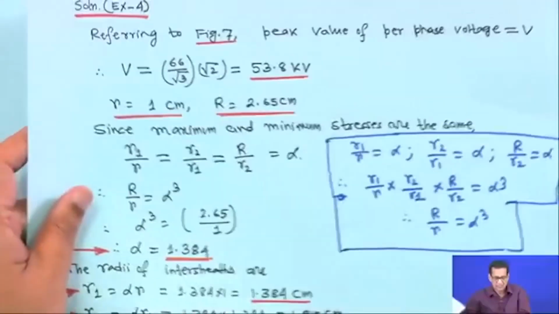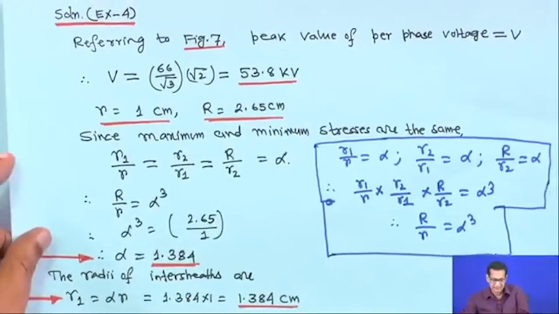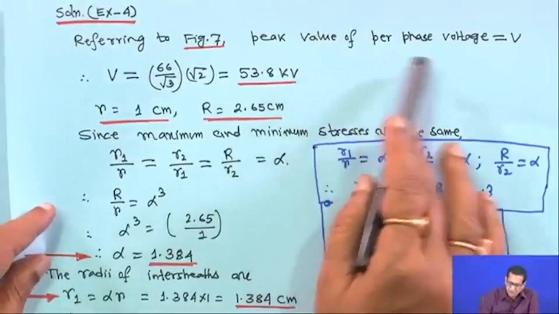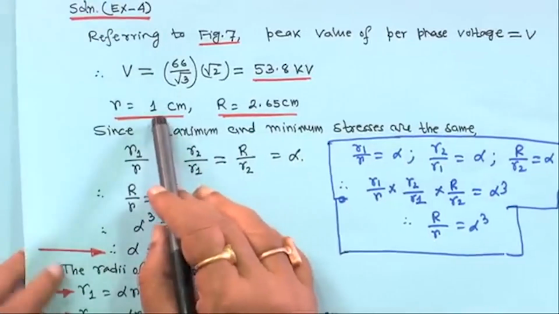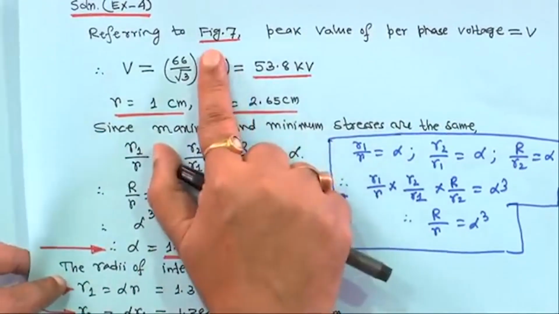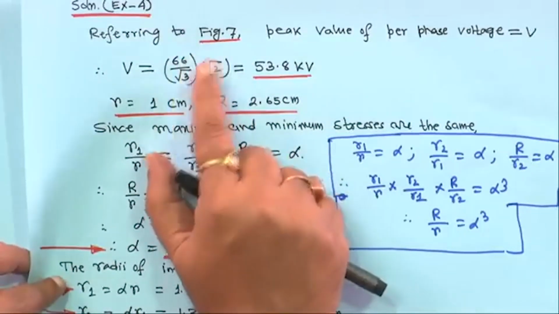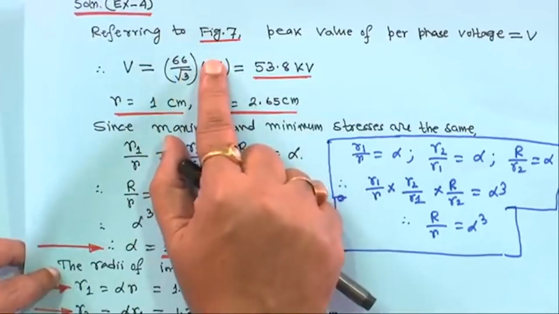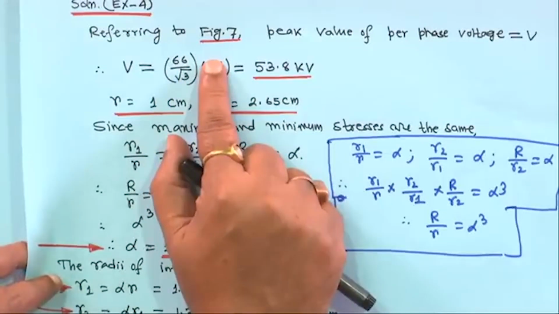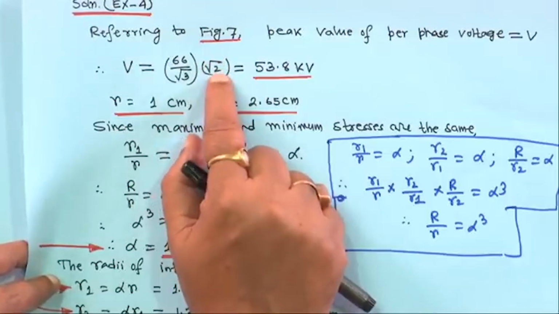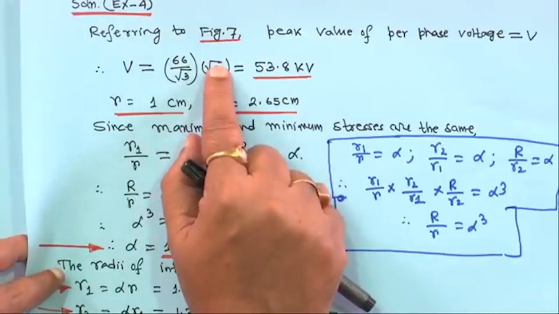Now, referring to figure 7, the peak value of per phase voltage. First, forget about root 2: 66 by root 3 is the line to neutral, that is the phase RMS voltage, then multiply by root 2, it will be the peak voltage.